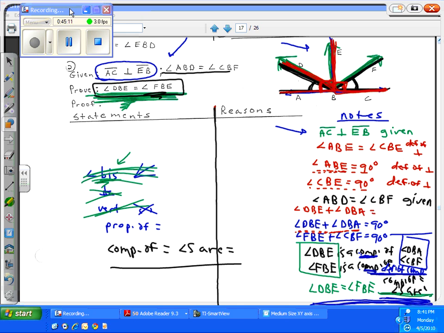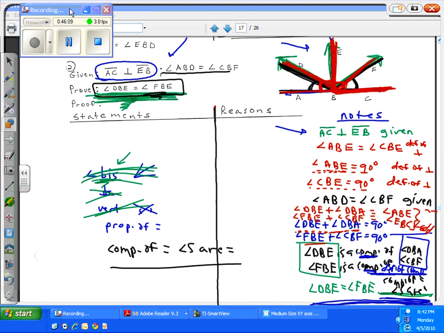So we're going to say that angle DBE plus angle DBA is equal to the whole big angle, angle ABE, and we're going to say that this other angle, angle FBE, plus the other little angle on the other side, we're dealing with this side now, angle CBF, is equal to this whole big angle over here, angle EBC.